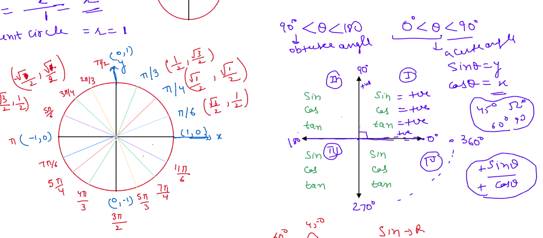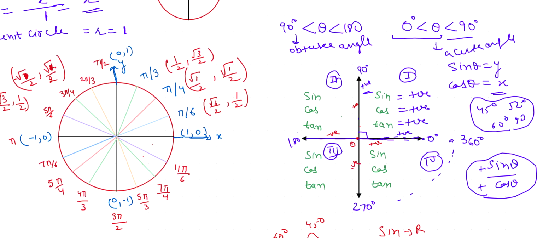Now, in second quadrant, you can see the y-axis is positive and the x-axis is on negative side. This is your 0. This is plus side, this is plus side, and this is negative side, and this is negative side for y-axis. On this, you can say x is negative. Clear?